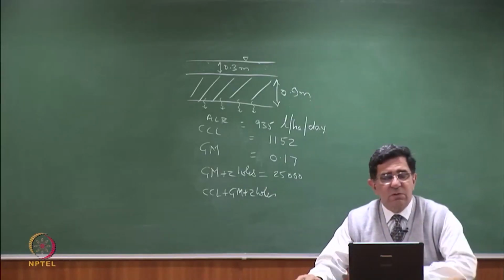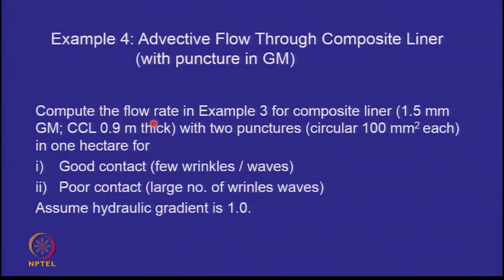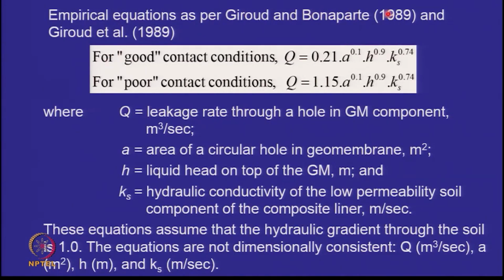If I use the same geomembrane and the same compacted clay, 1.5 mm thick geomembrane, 0.9 meter thick clay, again 2 punctures in 1 hectare, then I have some empirical formulae for good contact and for poor contact if the hydraulic gradient is 1. These were studies done by Giraud and Bonaparte and Giraud. These equations are empirical and not dimensionally consistent, so you have to use the values which are given here. Okay? Same problem as before.